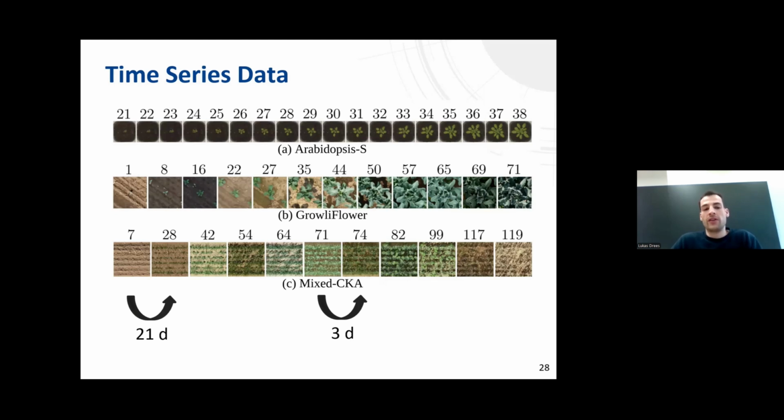But then when you have a look at the real data sets, like the GrowFlower and the mixed CKA data set, it is not fulfilled at all. And this is because non-equidistant sequences are even more useful in practice, because it makes much more sense to fly more often over the field when the crops change drastically than in the early growth stages.